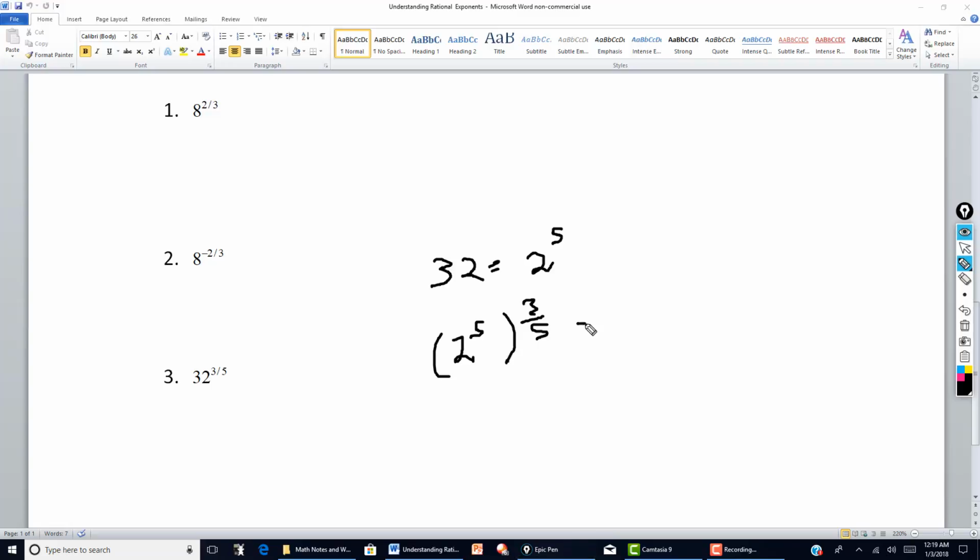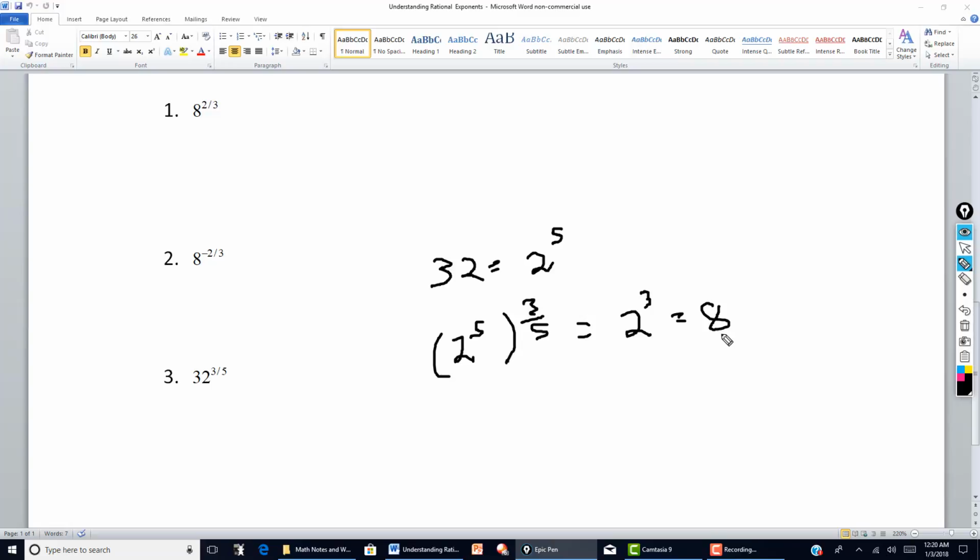Power to a power, you multiply the exponents. So 5 times 3/5 is 3. This gives me 2 to the 3rd, or 8. Now, had this been a 32 to the negative 3/5, it would still go through the same calculations, except this would then be the denominator, and the answer would be 1/8.